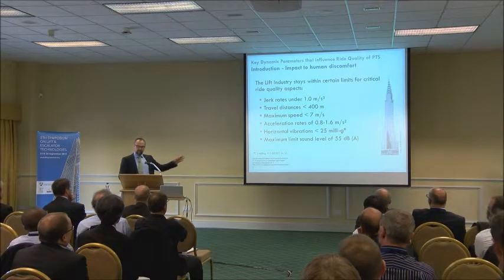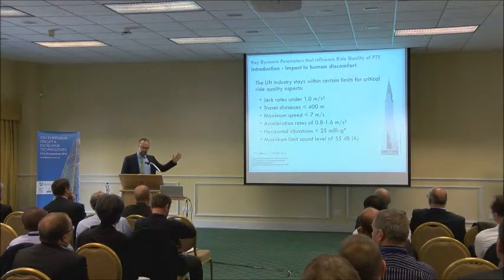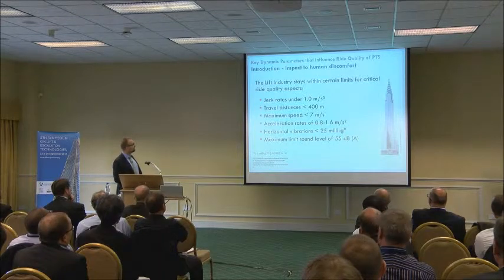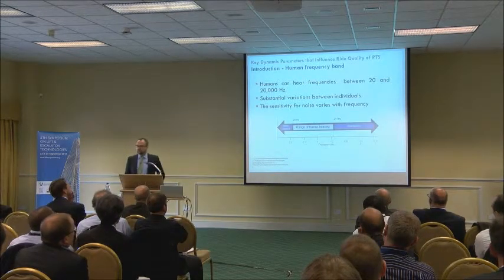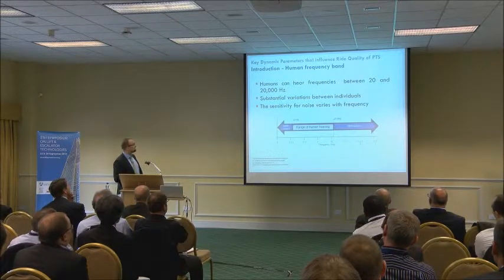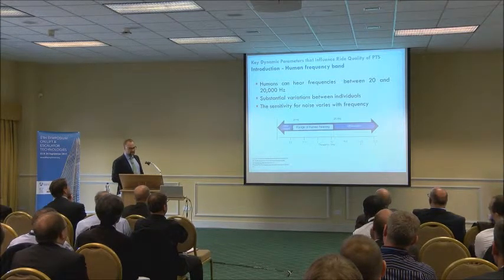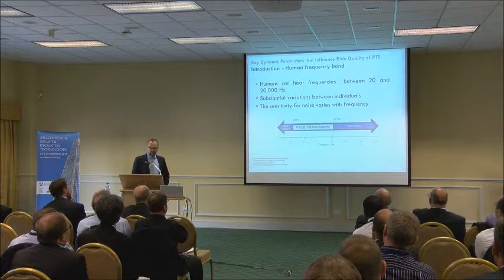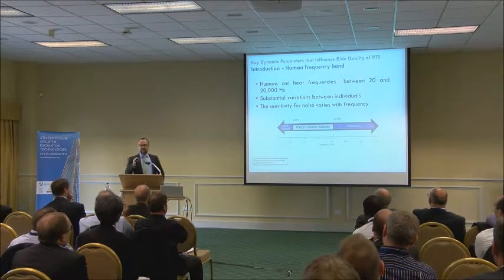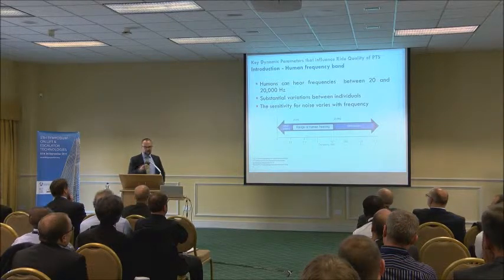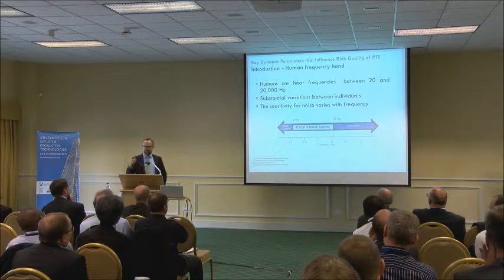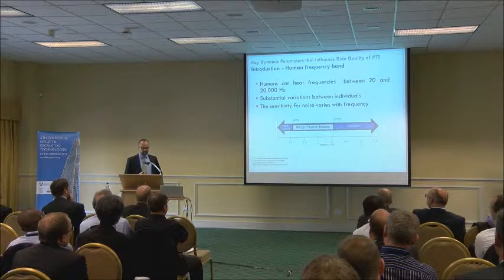So far I talked a little bit about noise and vibration, but let me talk about the human frequency band for a minute. Humans can hear frequencies between 20 and 20,000 hertz. However, there are substantial variations between individuals, especially with high frequencies.